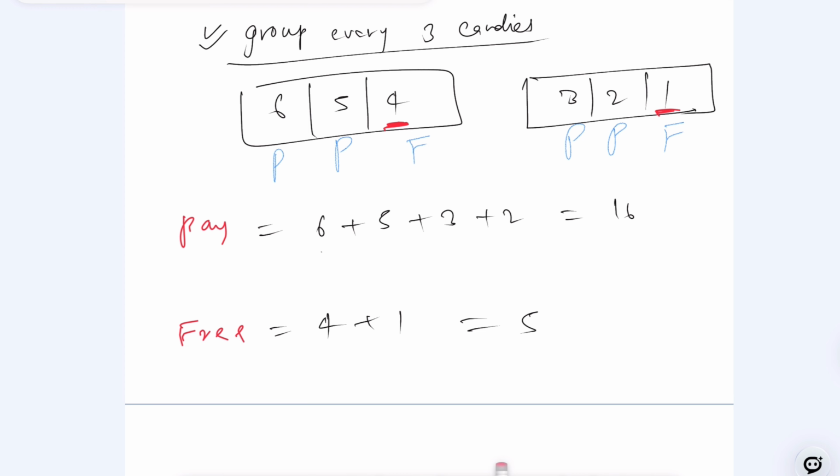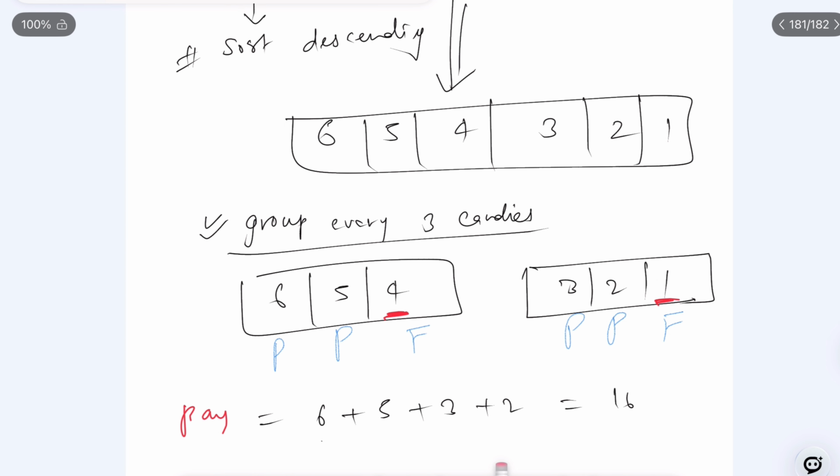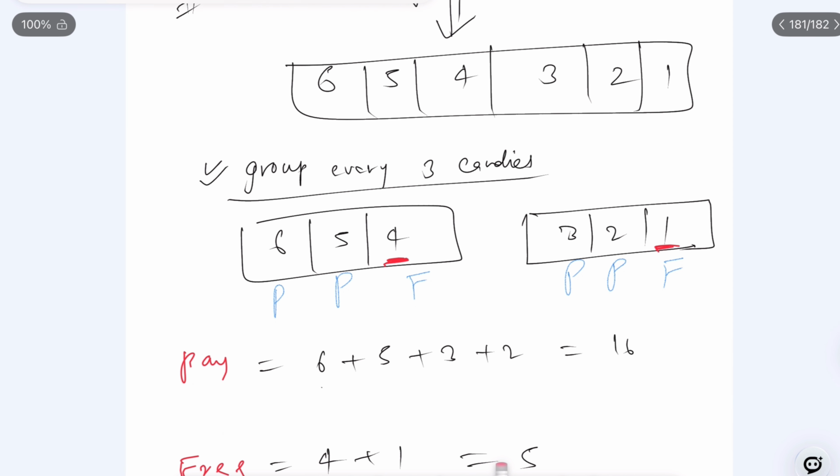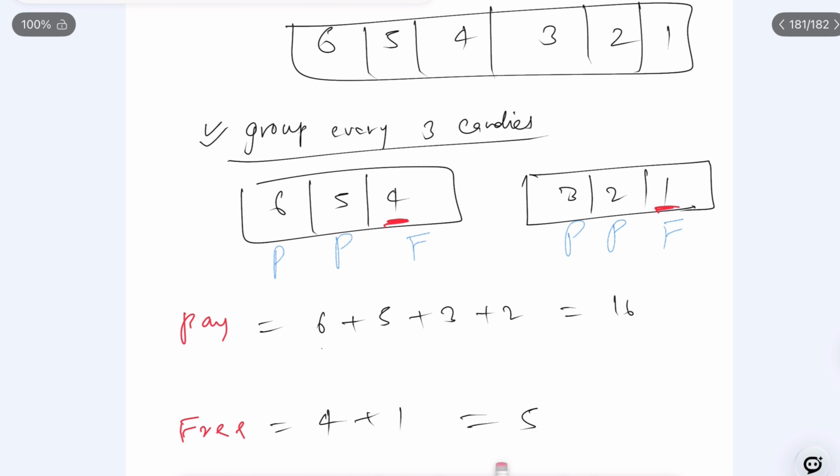Now let's do some greedy observation, guys, so you can have a clear understanding. After sorting from the largest to smallest, if you see, it is already sorted, so it doesn't matter, because after sorting you have to perform the operations. We know that here you will get the largest, this is the second largest, this is the third largest, and so on.